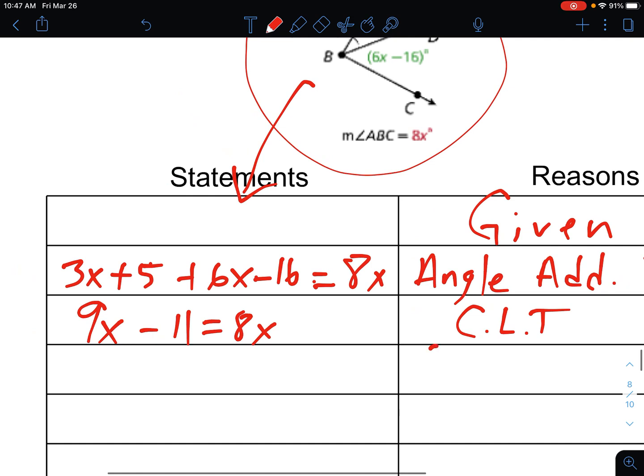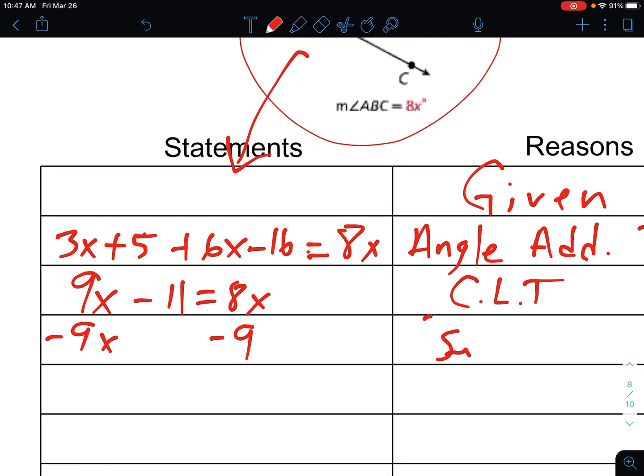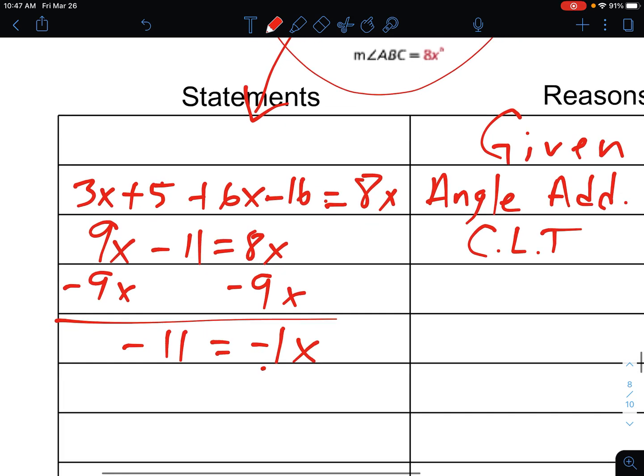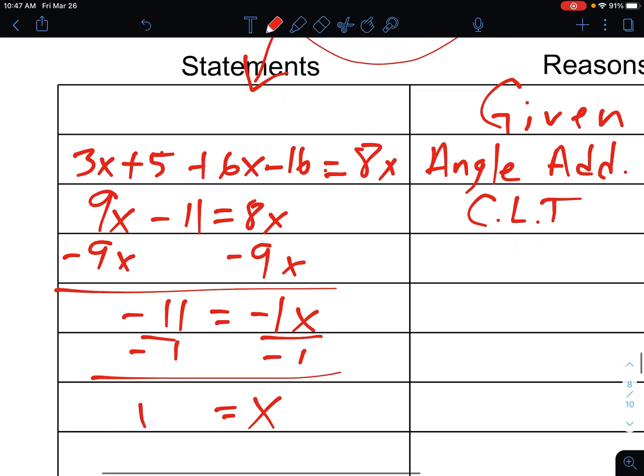And then we'll subtract the 9x. Here, I'm just going to finish my algebra, and then I'll write everything. And so we get negative 11 equals negative 1x. And then we're going to divide by negative 1. And get x is equal to 11.